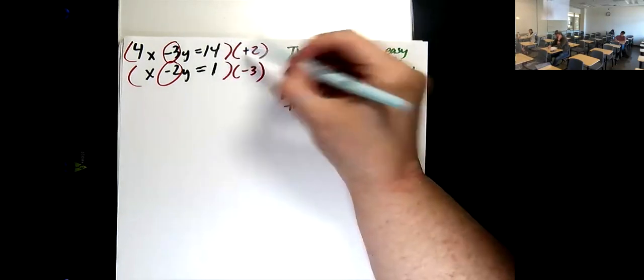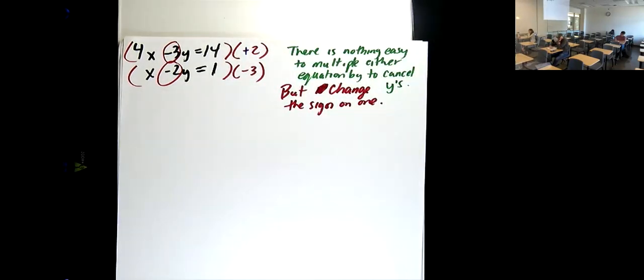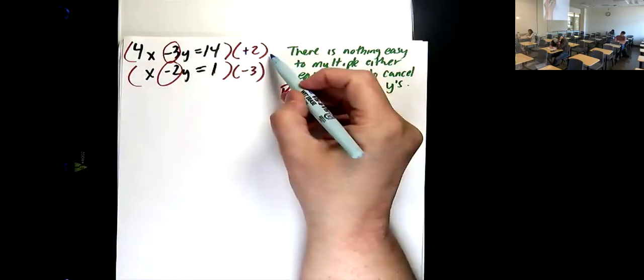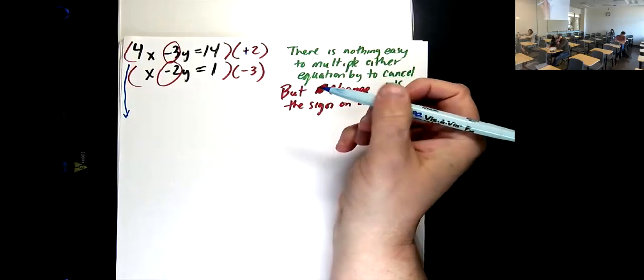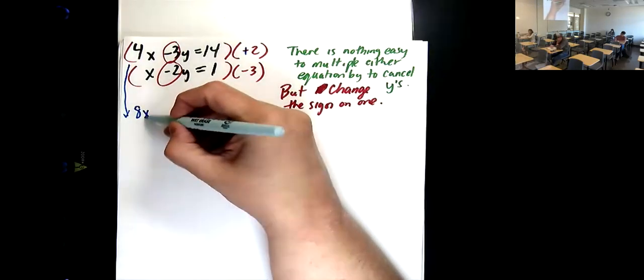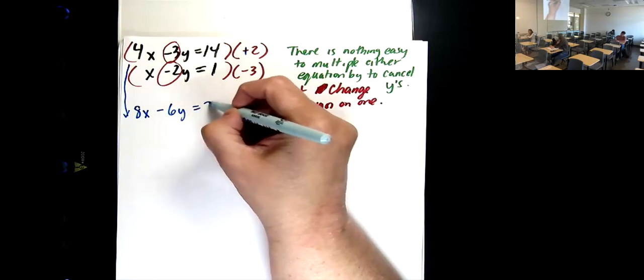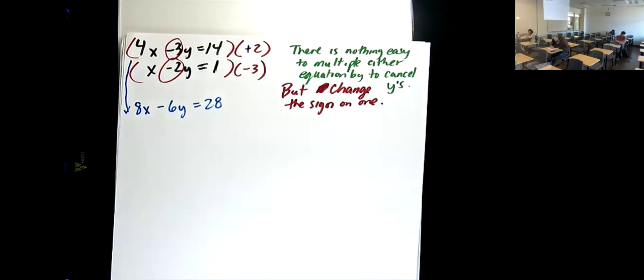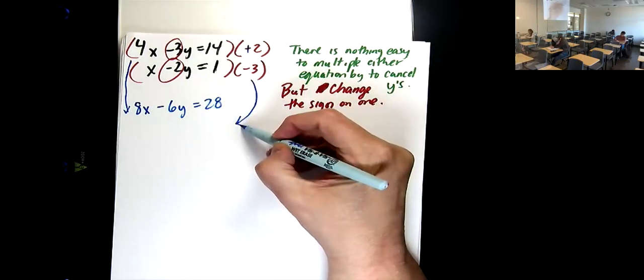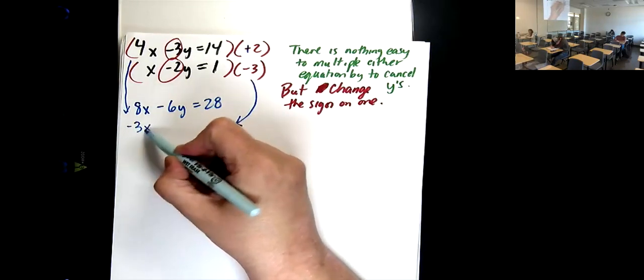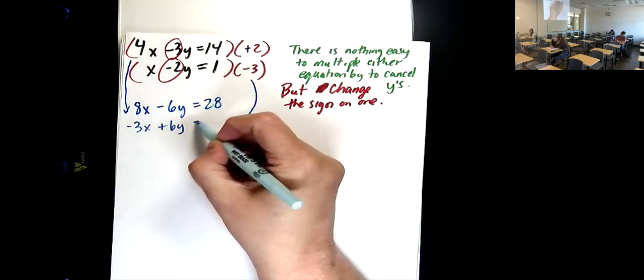Change the 2 to a positive. So if I multiply that by +2, I get 8x minus 6y equals 28. And then if I multiply this by -3, I get -3x plus 6y equals -3.